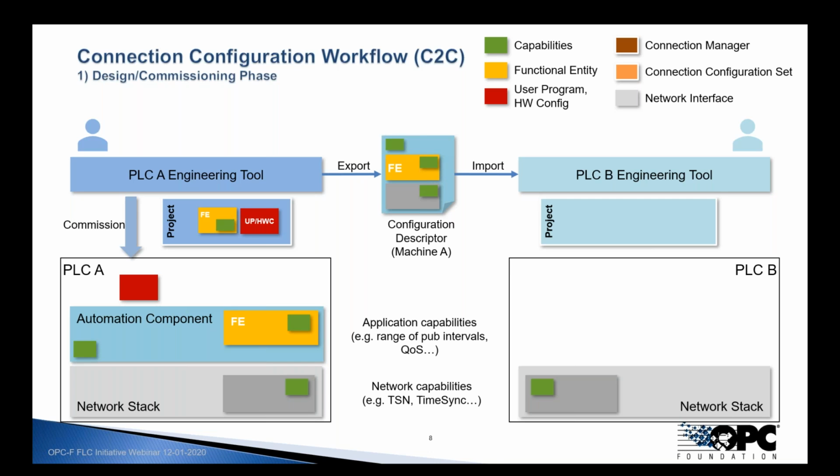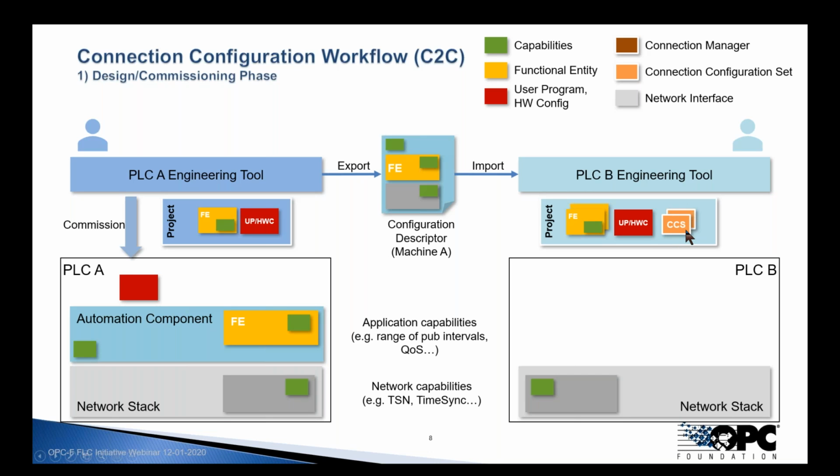So the PLC-B engineer, or engineer B, imports it into PLC-B's engineering tool and writes a usual program, writes his functional entity, or maybe multiple functional entities, for communication with other PLCs, and writes something called a connection configuration set.